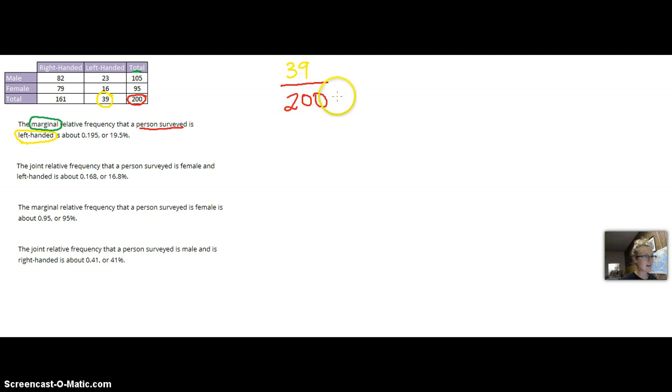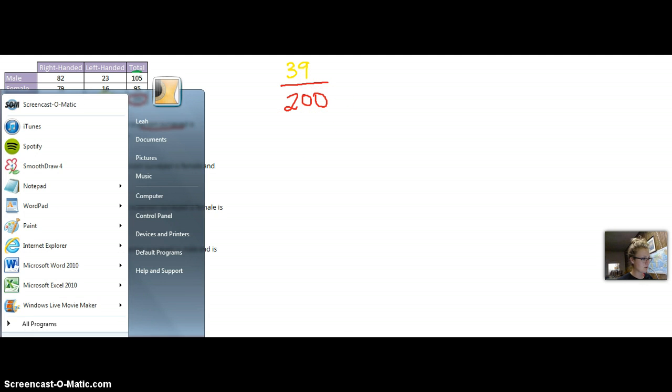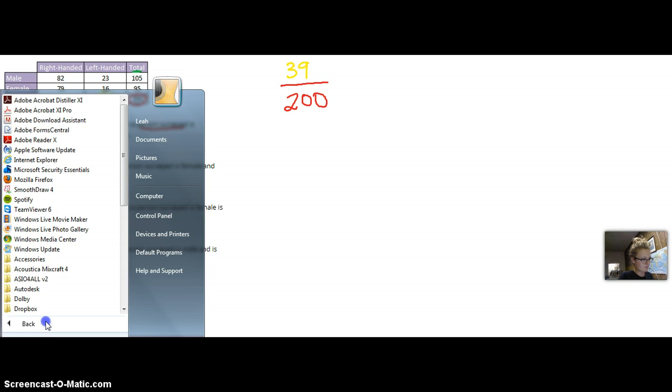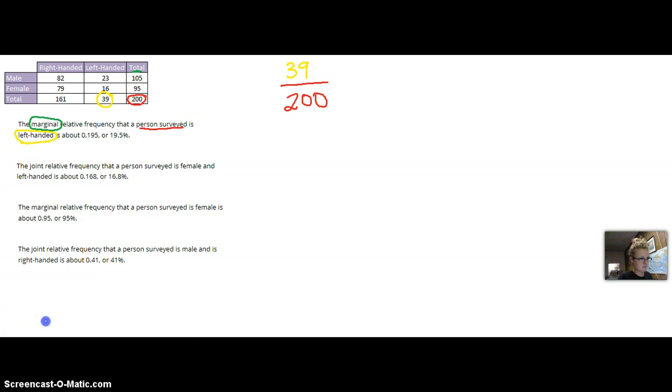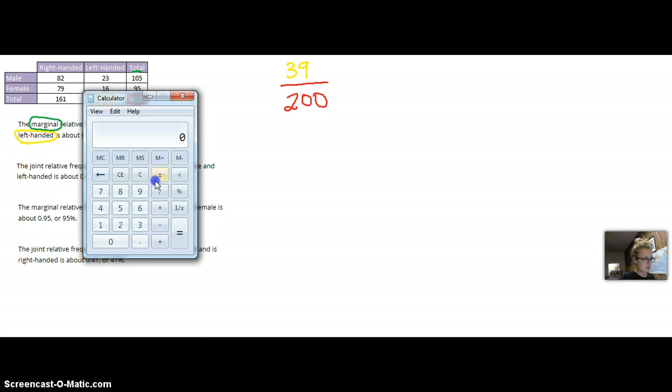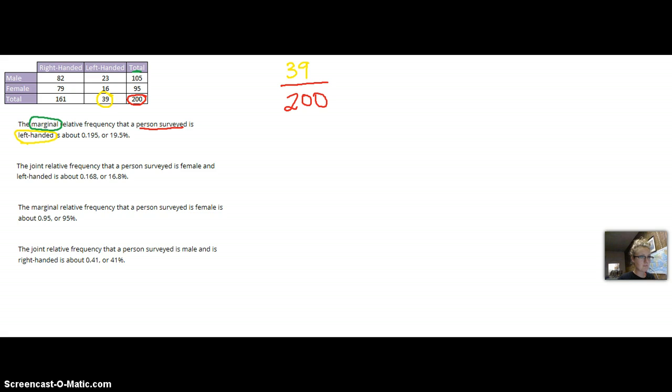So if we put that in a calculator, we do 39 divided by 200, and we get 0.195, which is the same as 19.5%. So this one, we're going to put our answer in black, and we're going to say it's true.